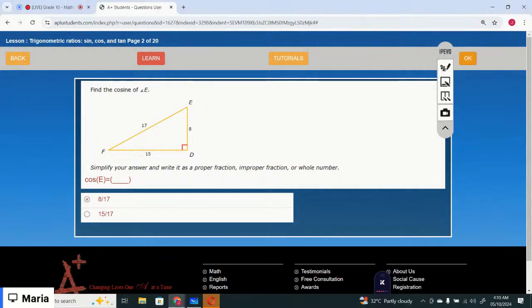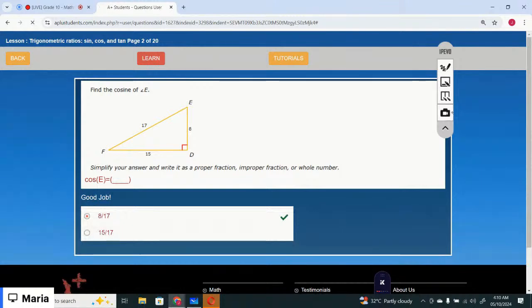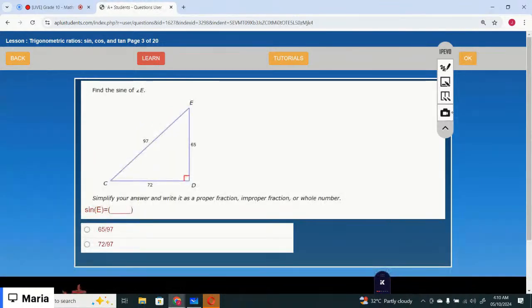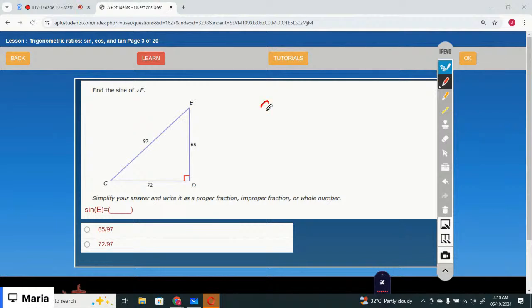Okay, the next one is find the sine of angle E. Sine of angle E is opposite divided by hypotenuse.